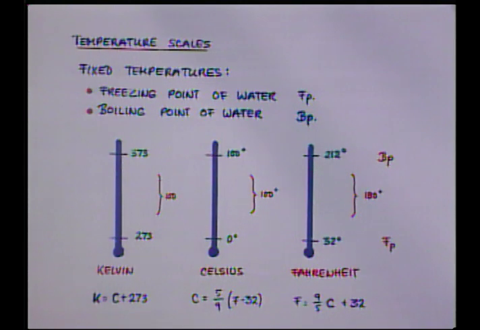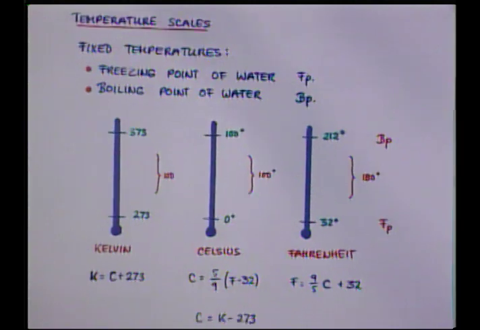But the actual SI unit is Kelvin. Here, the intervals are each 100 degrees, meaning the freezing and boiling of water. For Kelvin and Celsius, it's 100 degrees. But for Fahrenheit, it's 180 degrees. So it's much more degrees in between.